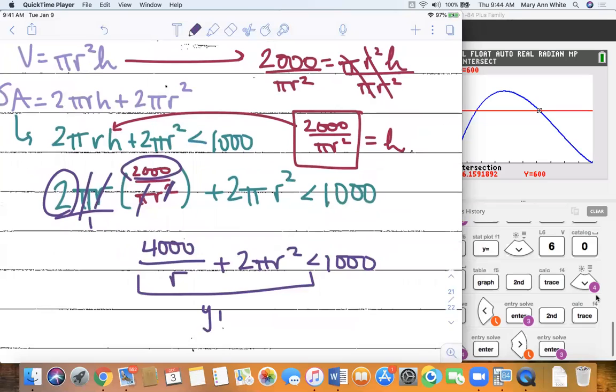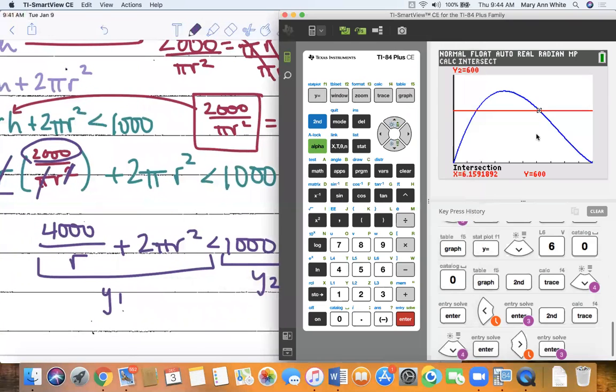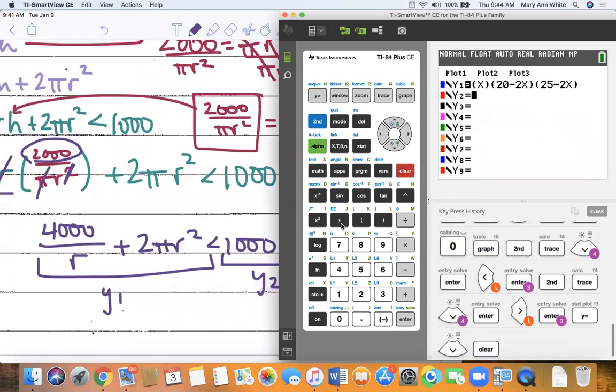I'm going to put this in the y1, and I'm going to put 1,000 in the y2, and then we're going to graph them and find their intersection. Keep that up so you can see it. Okay, y equals, that becomes 1,000.